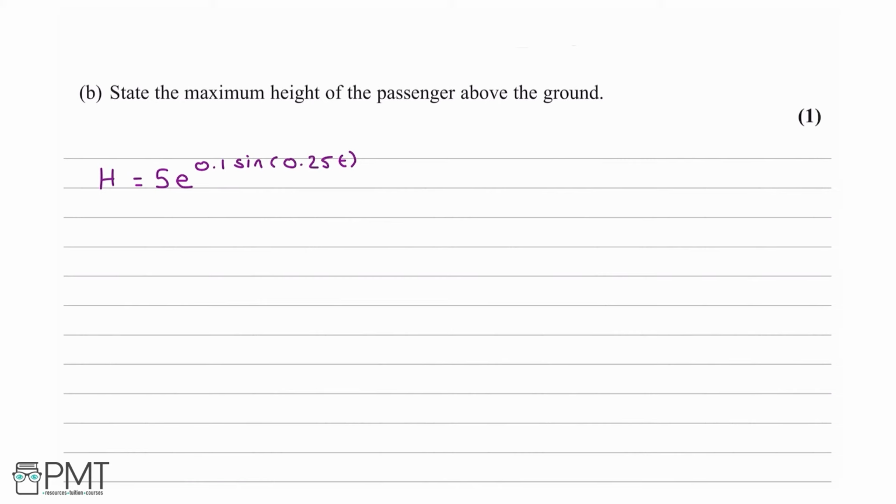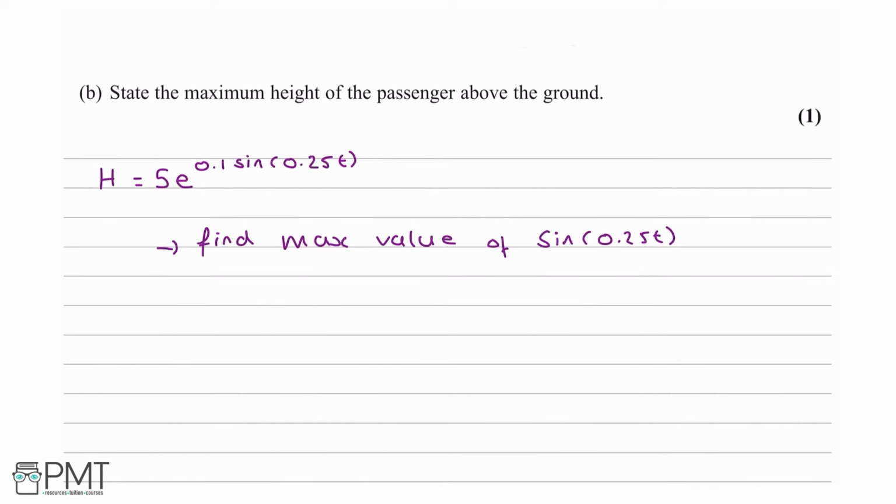Okay, part B is asking us to state the maximum height of the passenger above the ground. If we look at our expression for h, the only thing which controls the maximum height is our sine of 0.25t. So to find the maximum height, we need to find the maximum value of sine of 0.25t.